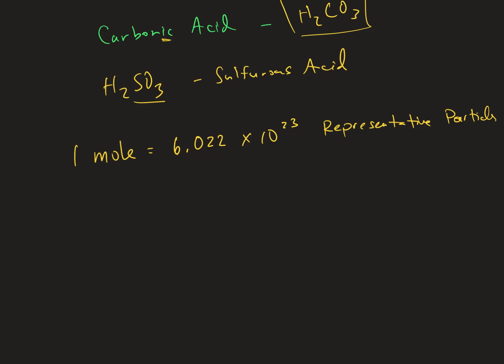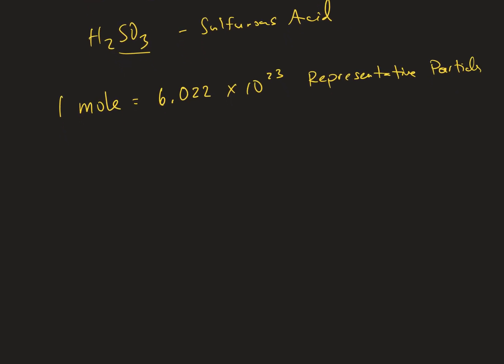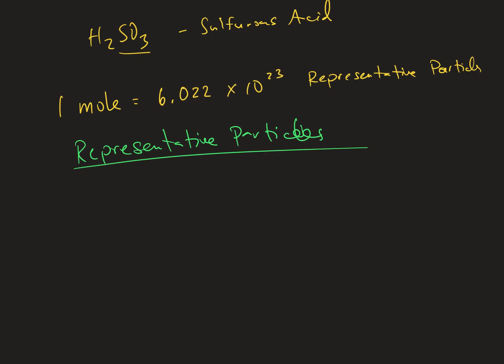Good? So let's talk about the different representative particles, and one of you guys asked about, was it Liana, about formula units? Okay. Here we go. It depends on what we're talking about. The particle name changes. For an element, the particle is called an atom.